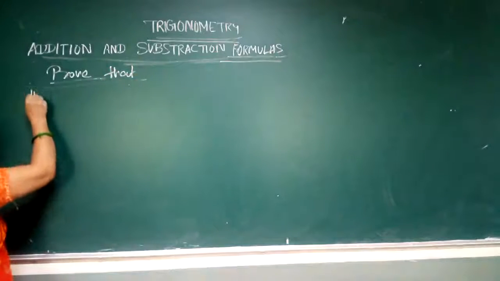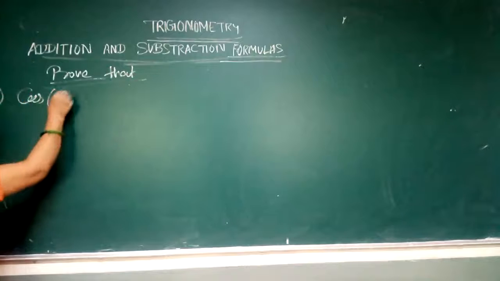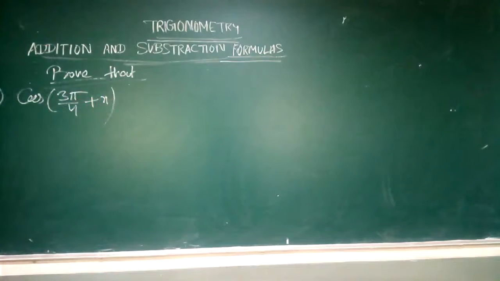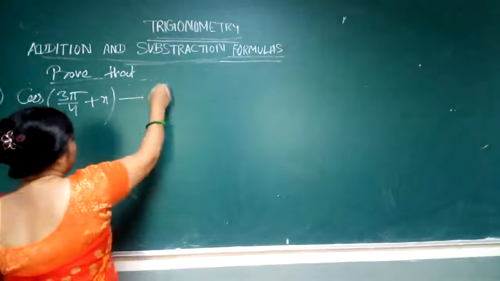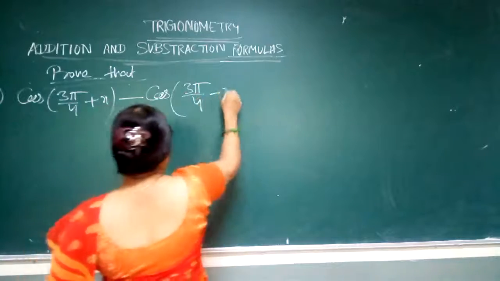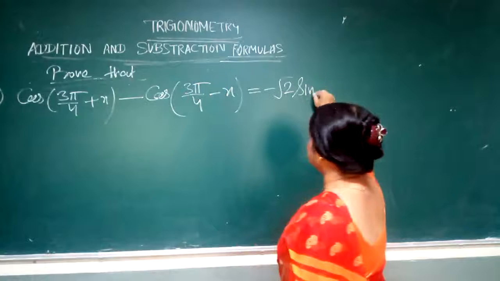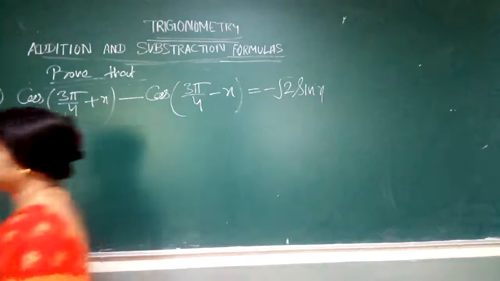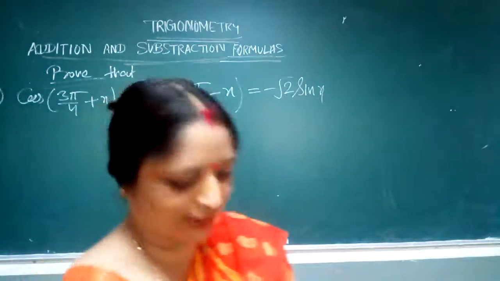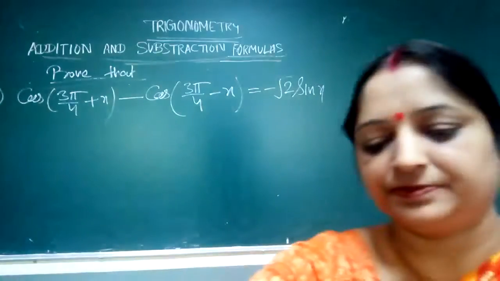Question number 11 is: prove that cos of (3 pi by 4 plus x) minus cos of (3 pi by 4 minus x) is equal to minus root 2 sin x. This is question number 11 from your NCERT book. Open your books and see this question. Now let us start the solution of this question.